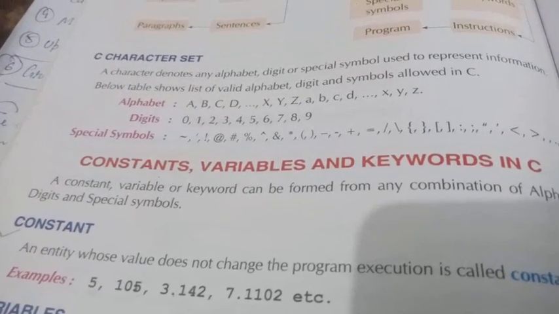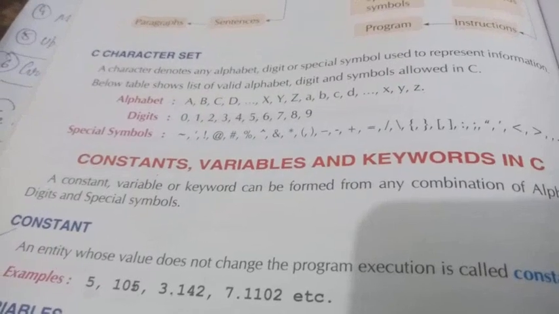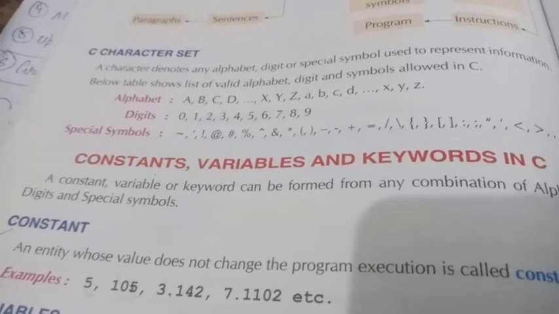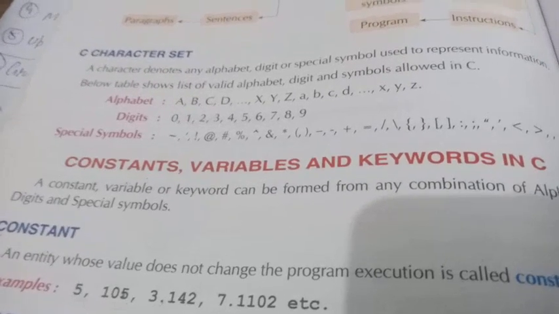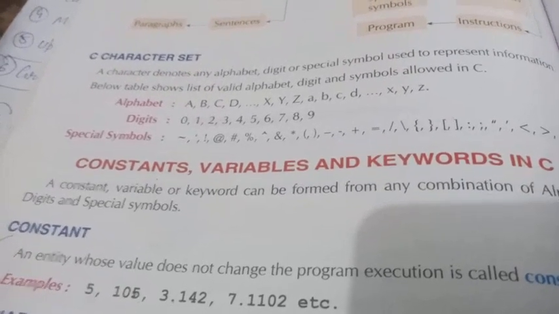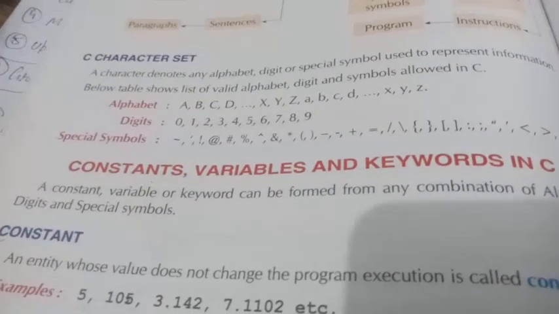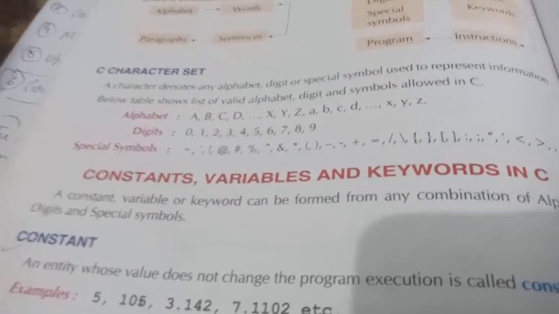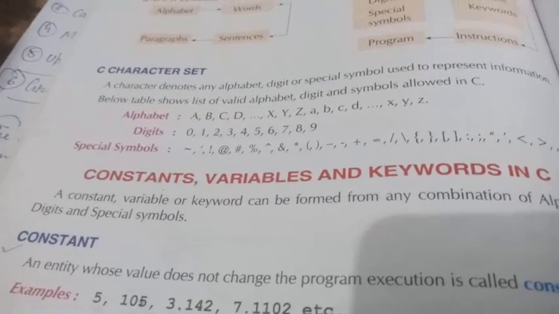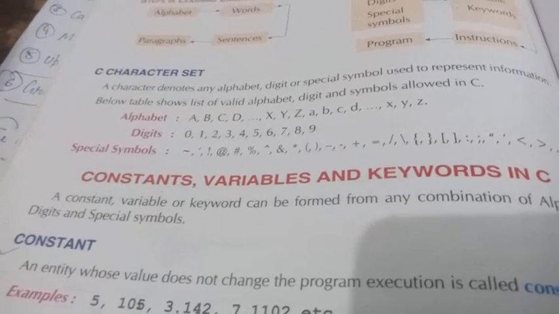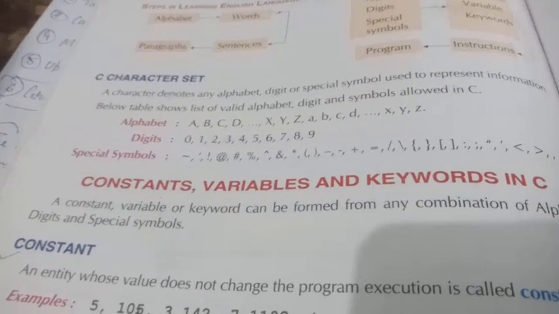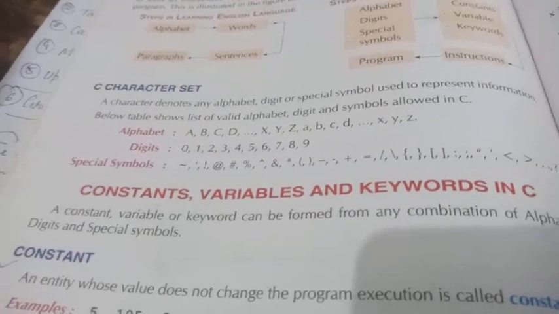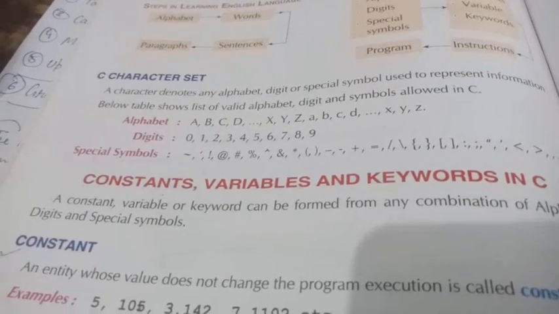Now we have alphabets, capital A to Z and small a to z. When we talk about capital A and small a, both are different. Capital A has a different value and small a has a different value, so both are considered different things. You can say the C programming language is case sensitive.